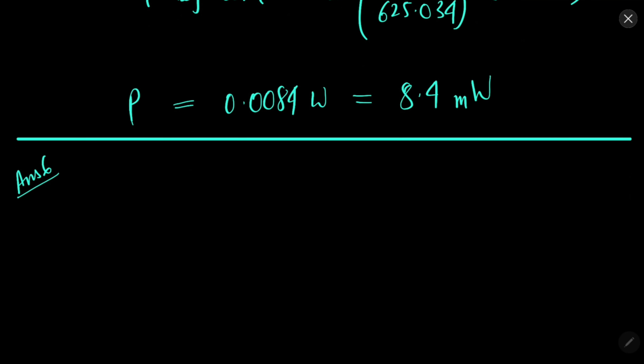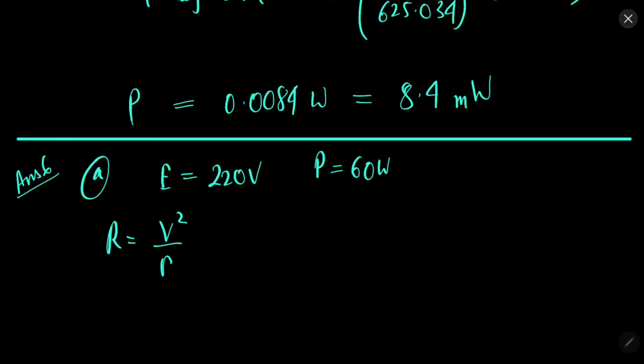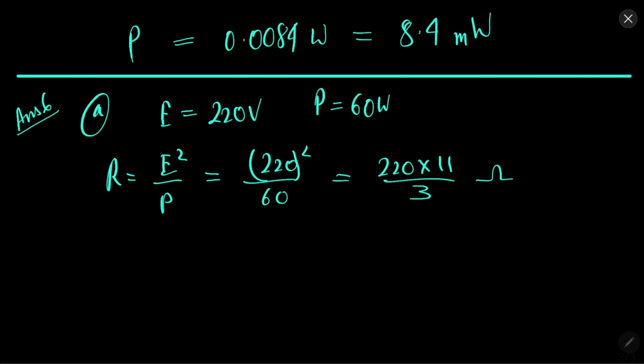So ultimately what we have, EMF or voltage is 220 volt, power is 60 watt. So R will be V square over P or E square over P, 220 square over 60, which will give us 220 into 11 over 3 ohms.